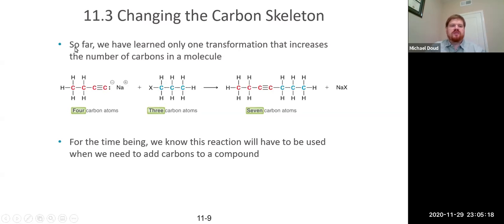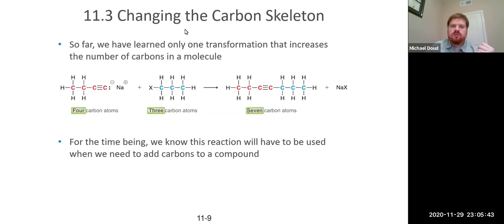So this is exactly what I was just saying. There's only one transformation that increases the number of carbons in a molecule. That's the alkylation of a terminal alkyne. So what you do is you take your alkyne and you deprotonate it using sodium amide. That gives you this nucleophilic carbon. And then you just do an SN2 substitution reaction. In this case, we use a propyl bromide.